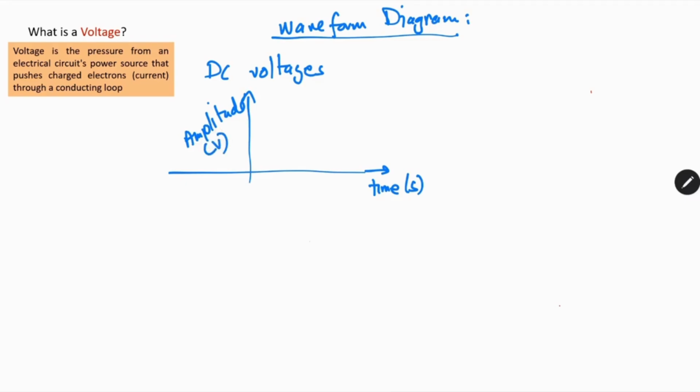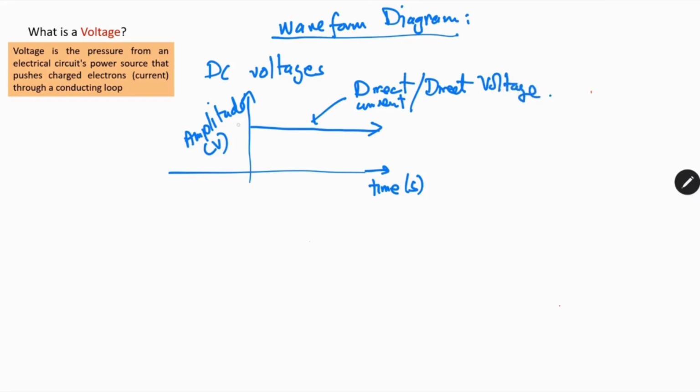Since it is called a direct current, that means there is no change in the waveform. So this represents the direct current or the direct voltages.